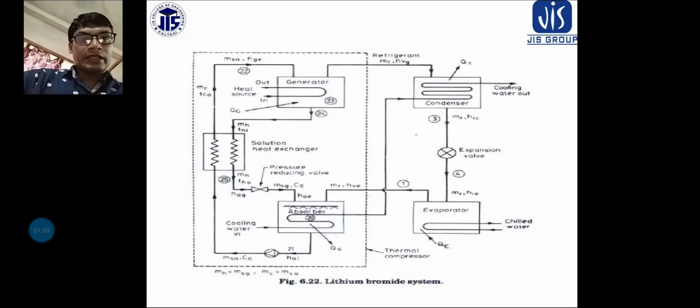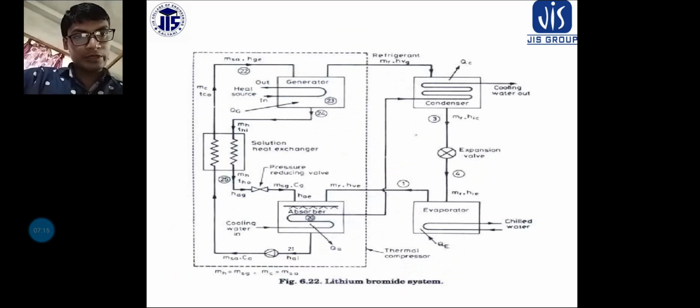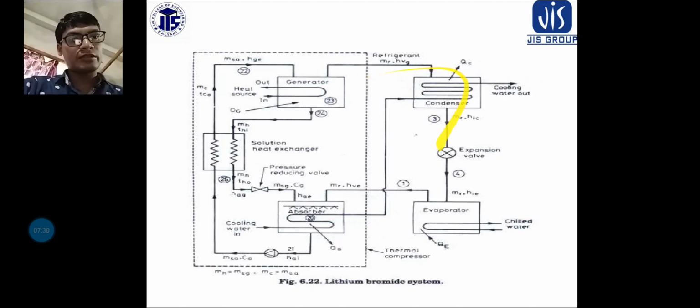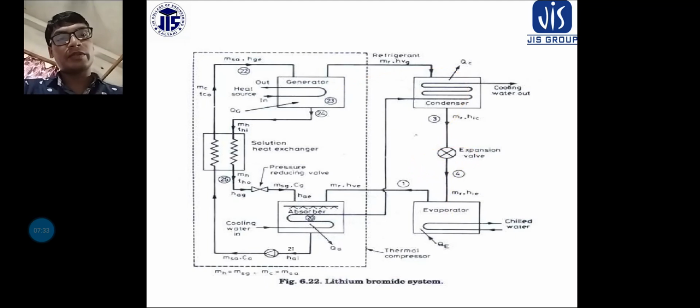In this figure the lithium bromide system is also shown: from the evaporator to the absorber, to the heat exchanger, then to the generator, to the condenser, and from the condenser to the expansion valve, and from the expansion valve it comes to the evaporator again.